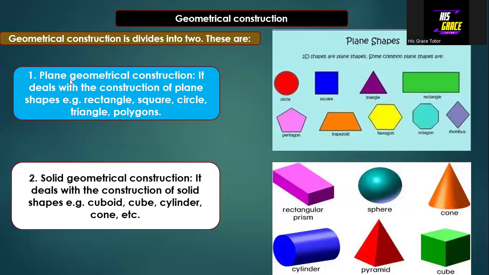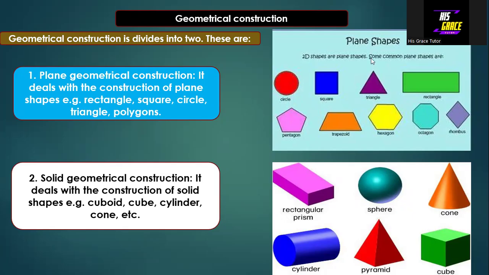We have plane geometrical construction, which has to do with the construction of plane geometrical shapes such as rectangle, square, circle, triangle, polygons. Then we have the second division, solid geometrical construction, which has to do with the construction of solid geometrical shapes such as cube, cuboid, cylinder, cone, and so on.